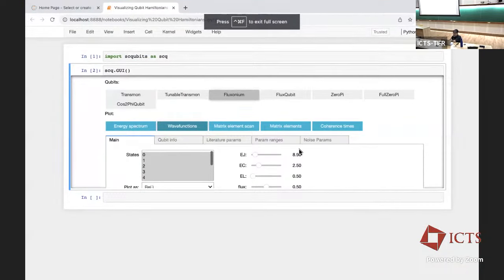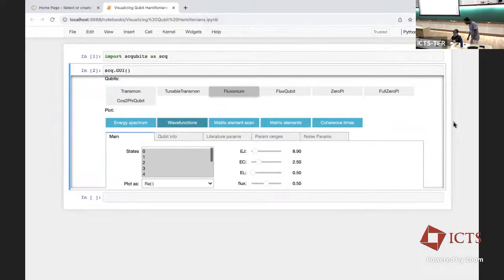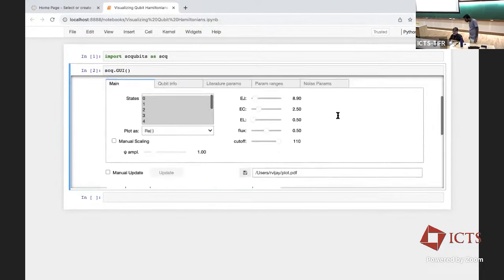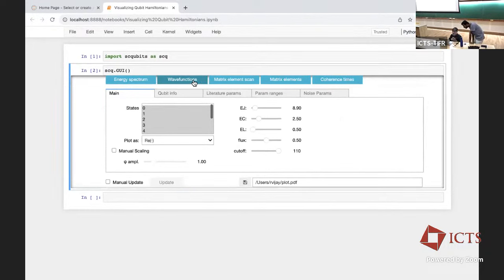Yeah, it's back. I mean, it just came back by itself.